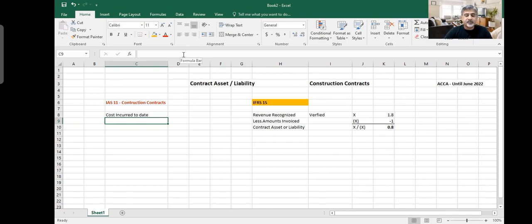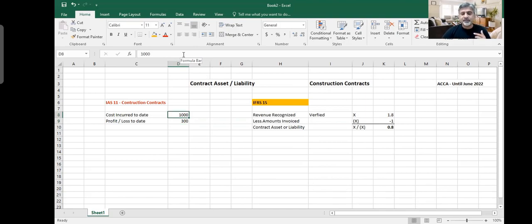And then you calculate profit or loss to date. For example, I put a 30% markup on cost. If my cost has been 1 million, 30% of 1 million is 300,000. This is my cost, this is my profit. So it is kind of the sales price coming up, but you show it separately.